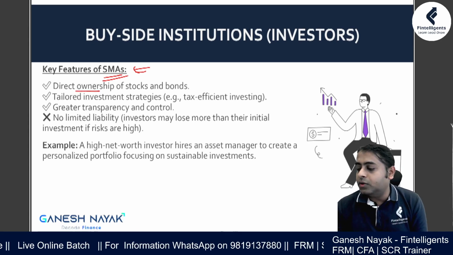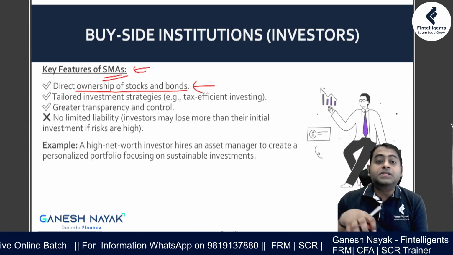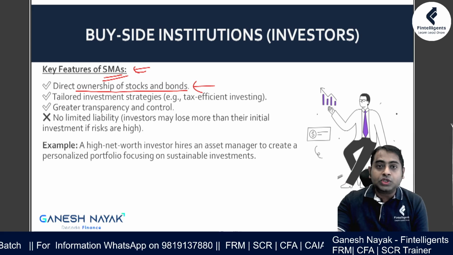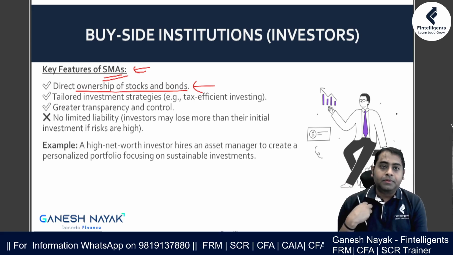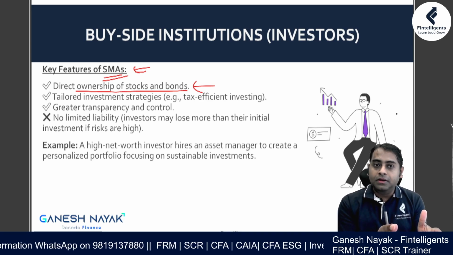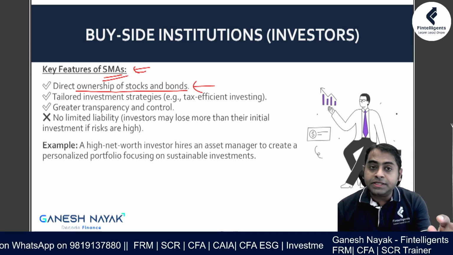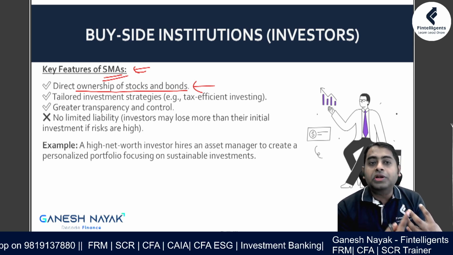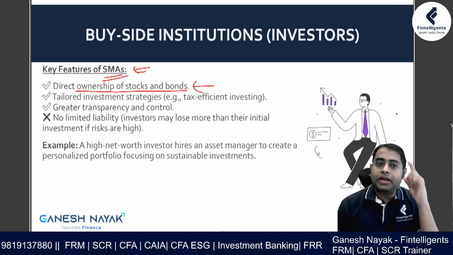So over here, direct ownership of stocks and bonds is possible because it is my money and it is going through that one account. Whatever stock I'm buying, it is mine. If I invest through a mutual fund, which is a pooled investment strategy, whatever asset they have purchased, the ownership is with the mutual fund because I'm not the only one who's investing. There are so many people, correct?